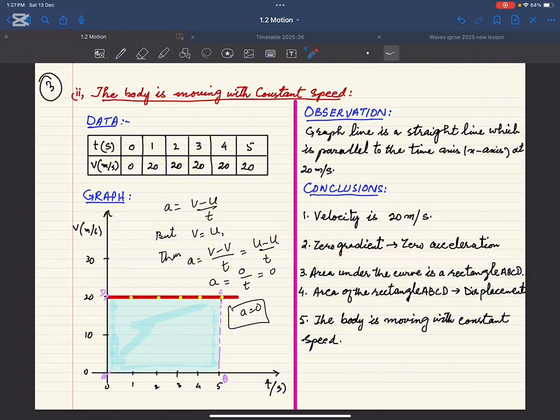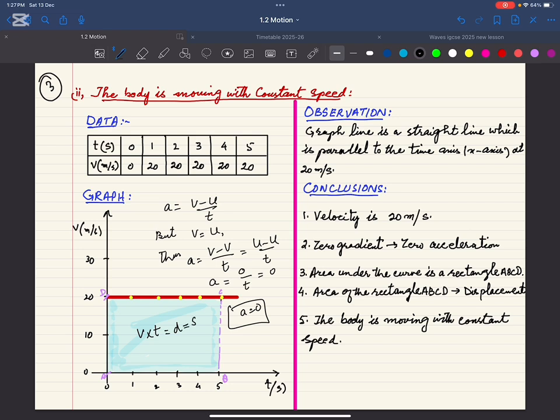Then in this case you can see that the area under the curve is a rectangle ABCD. The area of the rectangle ABCD will give you the displacement. When you do the calculation, v into t is nothing but the displacement, which is represented by d or s.